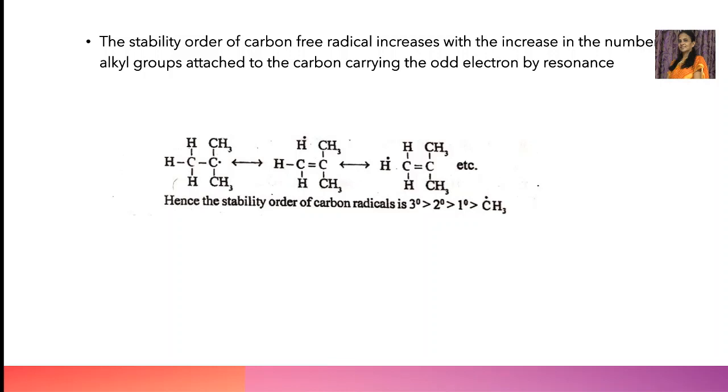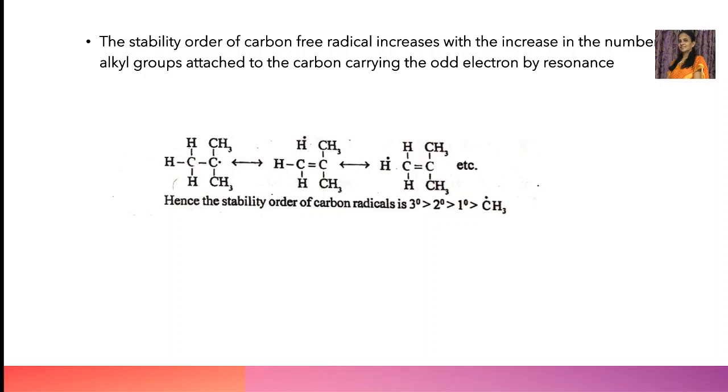Then primary has only 5 hydrogens, 5 resonance structures, and is less stable when compared to secondary free radicals. All these are more stable when compared to methyl. So tertiary is more stable than secondary, which is more stable than primary, which is more stable than methyl. Here 9 hydrogens, 7 hydrogens, 5 hydrogens, 3 hydrogens.